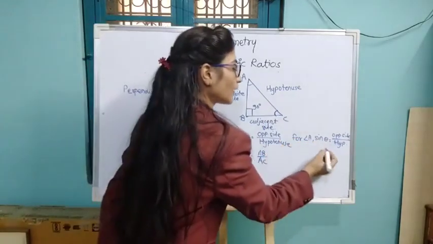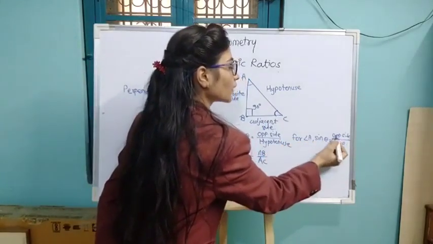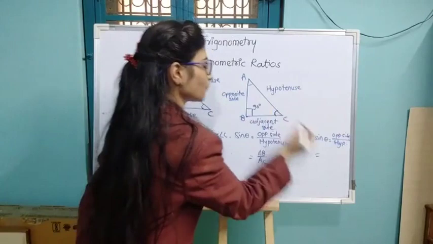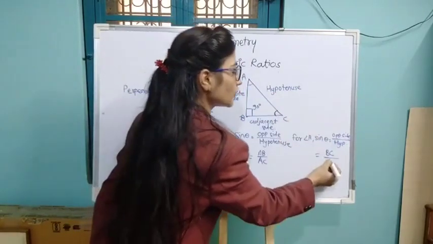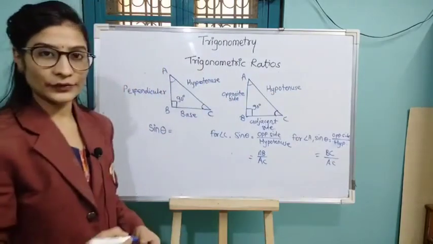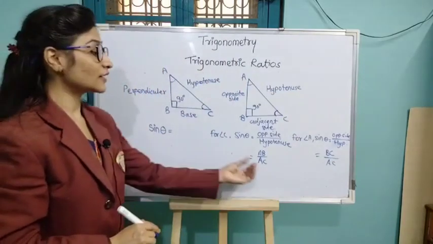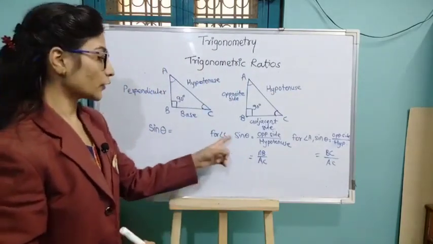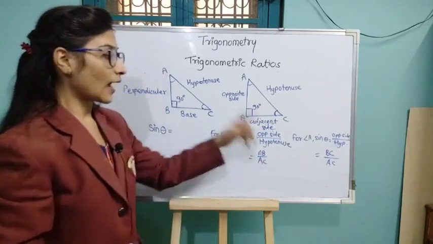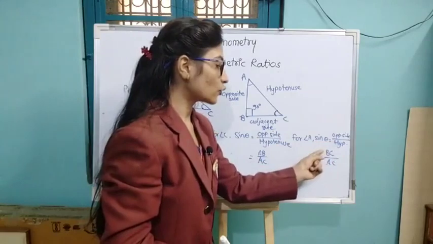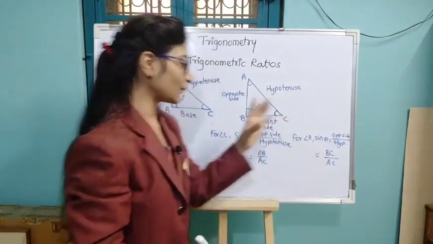Here for angle A, sine theta, opposite side is BC and hypotenuse is AC. So in this way, if you are taking any acute angle, then the ratio will change accordingly. Here you can see sine theta is equal to AB upon AC for angle C, and here sine theta is equal to BC upon AC for angle A.